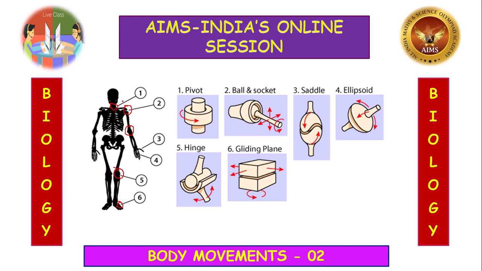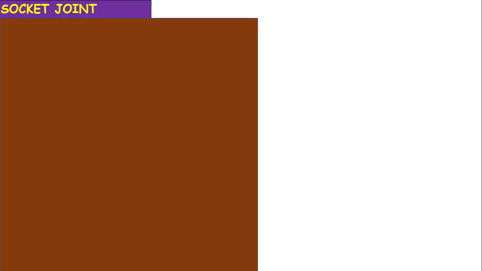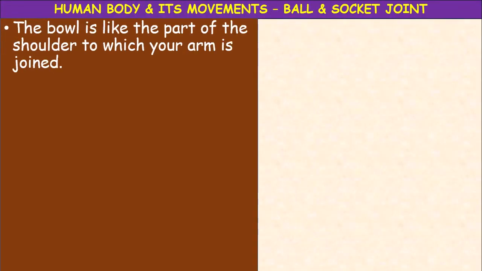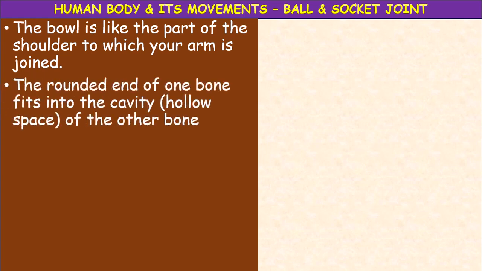Okay children, so let us proceed to know more about the ball and socket joint. The ball is like the part of the shoulder, in yesterday's image, to which your arm is joined.